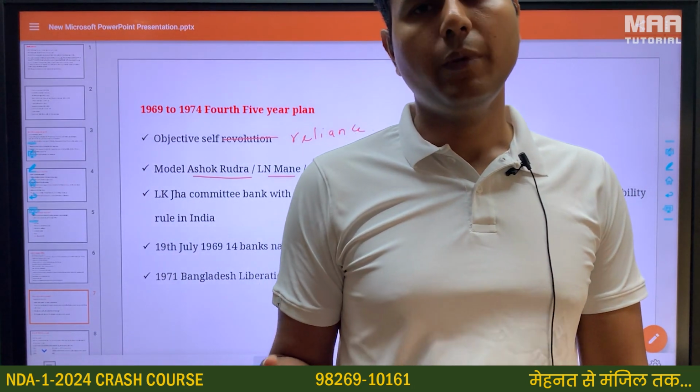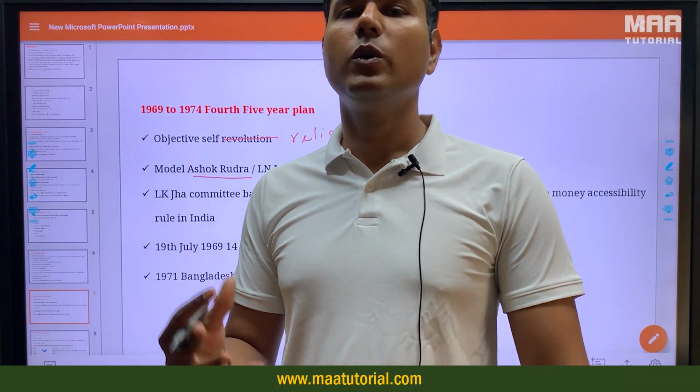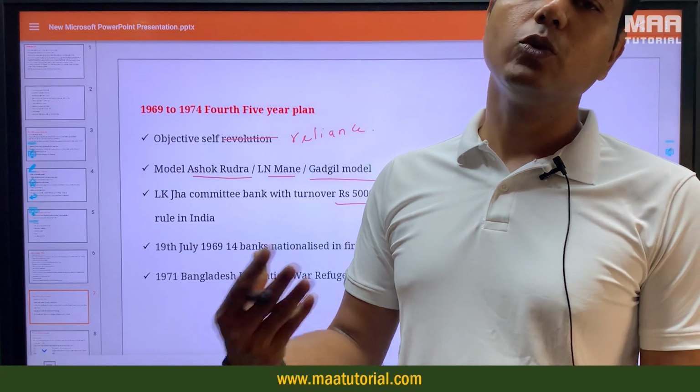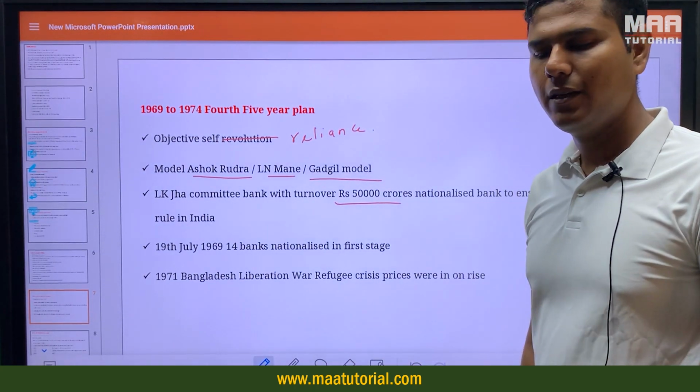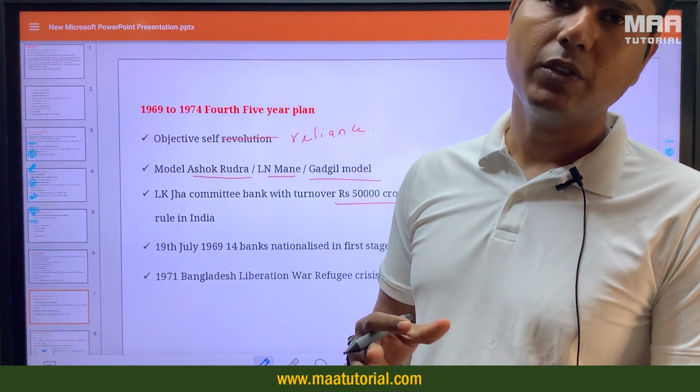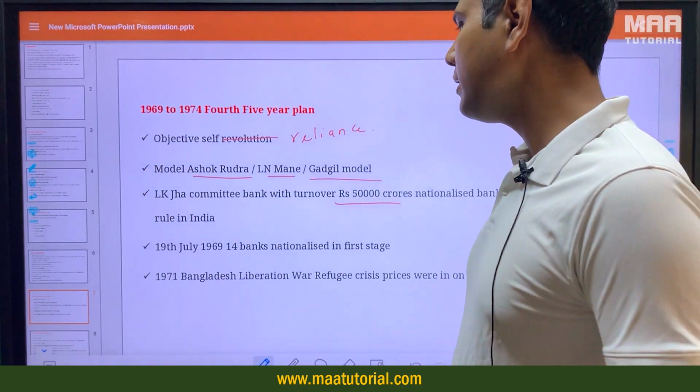Now in this process, the government takes over complete control of the bank and runs it according to its own principle. The government's principle is to ensure that financial resources are provided to every citizen of the country. That is continued, that is implemented.